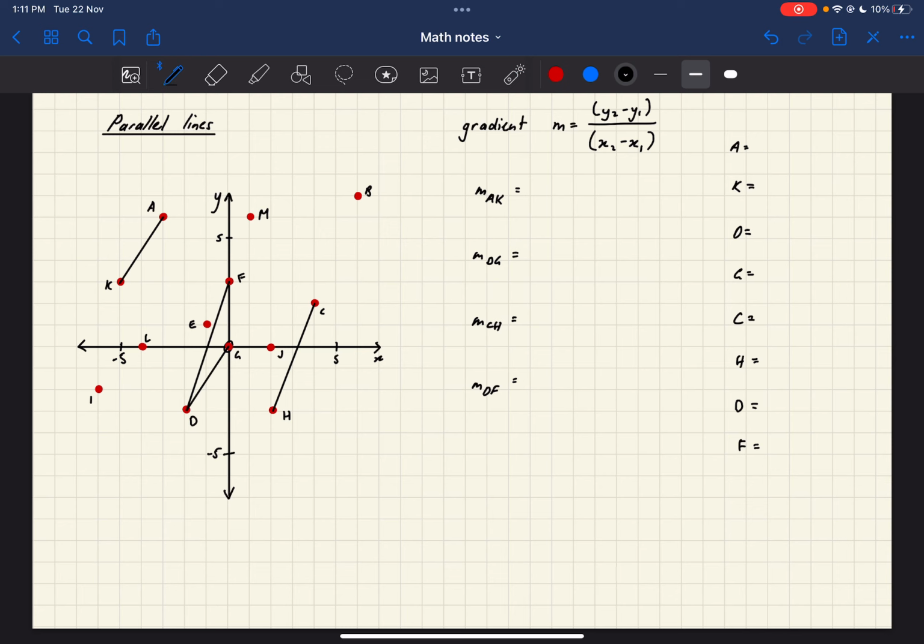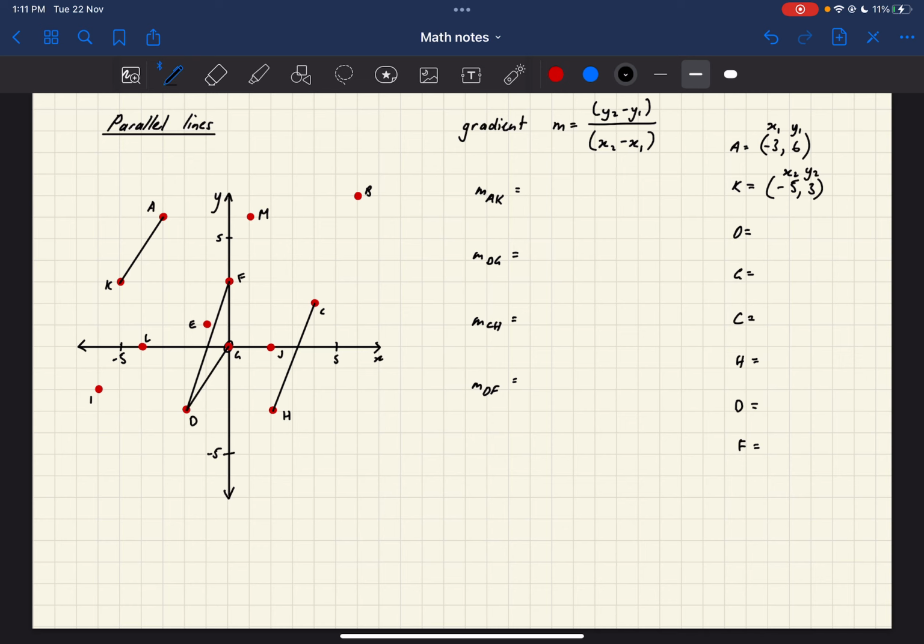So A has the coordinates negative 3, 6, and K has the coordinates negative 5, 3. So A is going to be our x1 and y1, and K is going to be our x2 and y2.